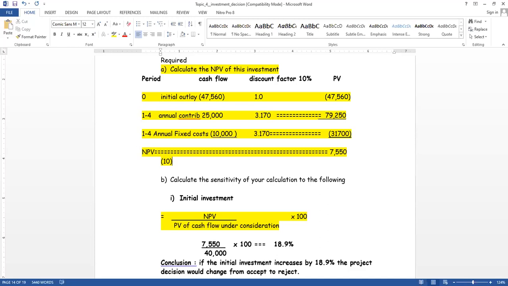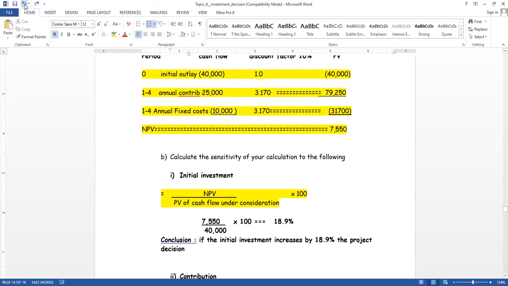The project will no longer be viable. So that is how sensitive the initial investment is to our decision above. So in other words, you must ensure that it does not go beyond 18.9. Should it increase by 18.9%, then that means that your decision will change.